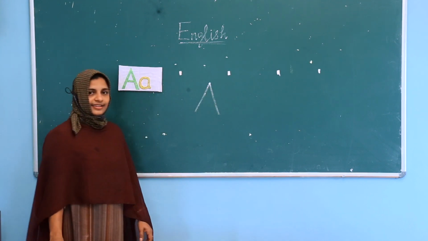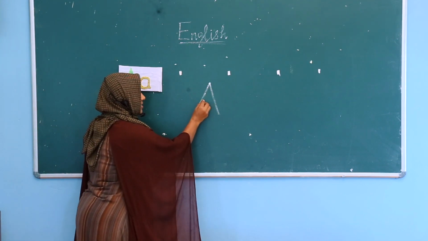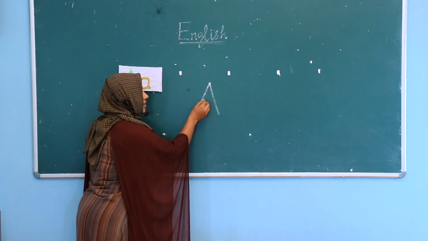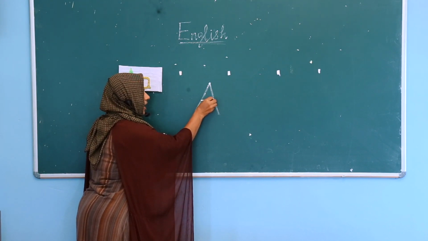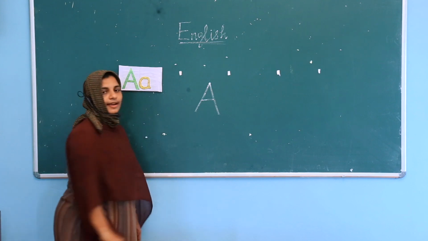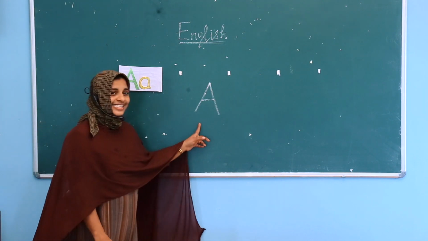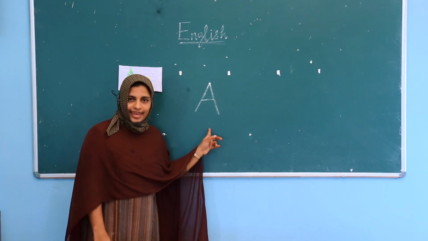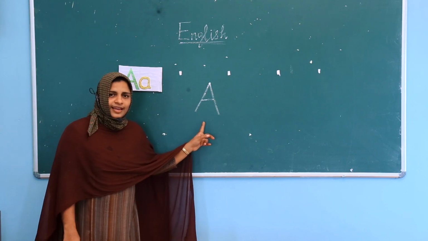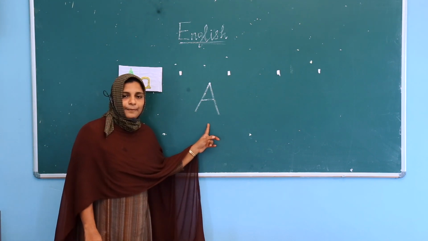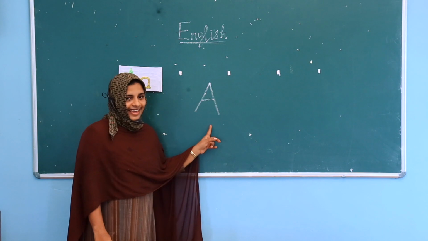Slanting line. Then in the middle of this slanting line, we can draw a small sleeping line. Now it is capital letter A. Say aloud, capital letter A.